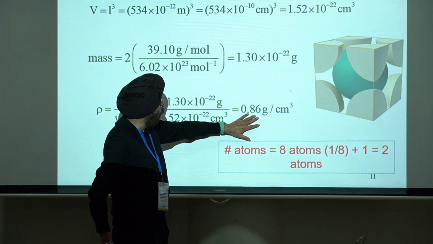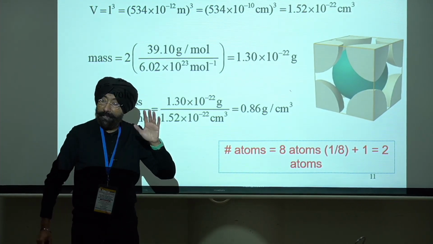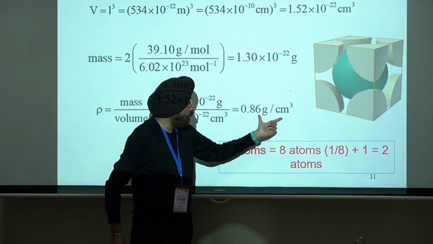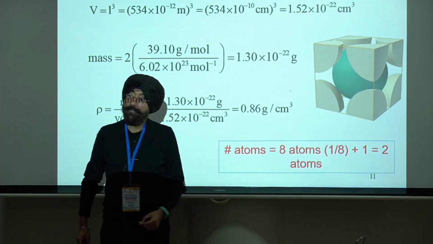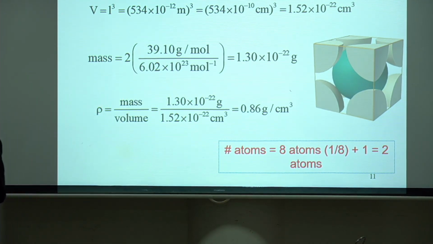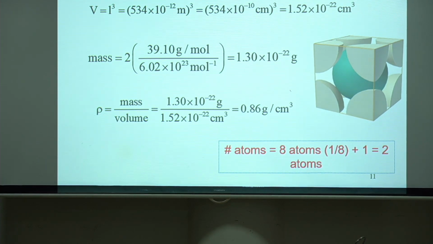Coming back over here, it is mass by volume, so you must take care of the final units, gram per centimeter cube. So density must be represented with the conventional unit, gram per centimeter cube.